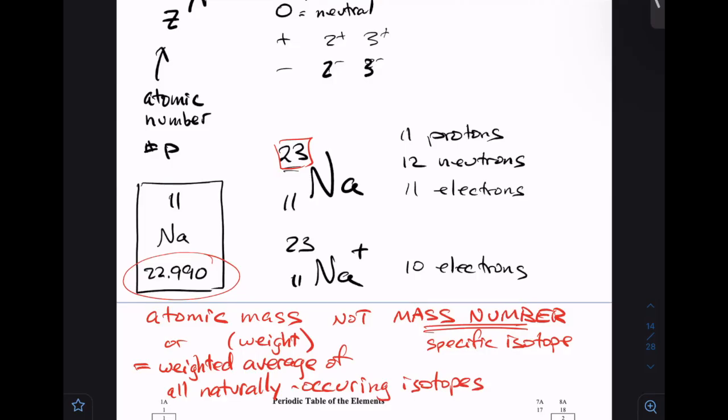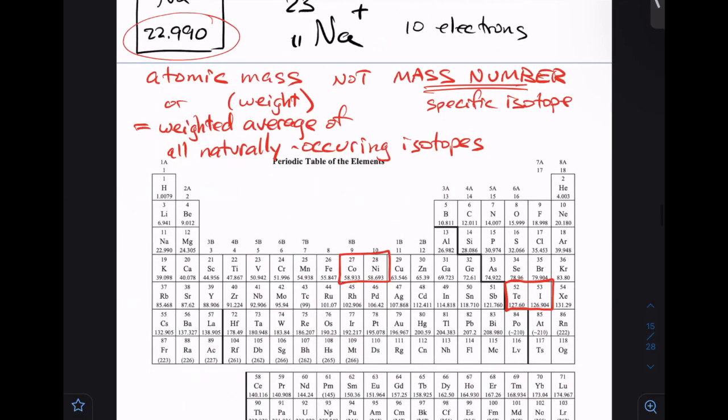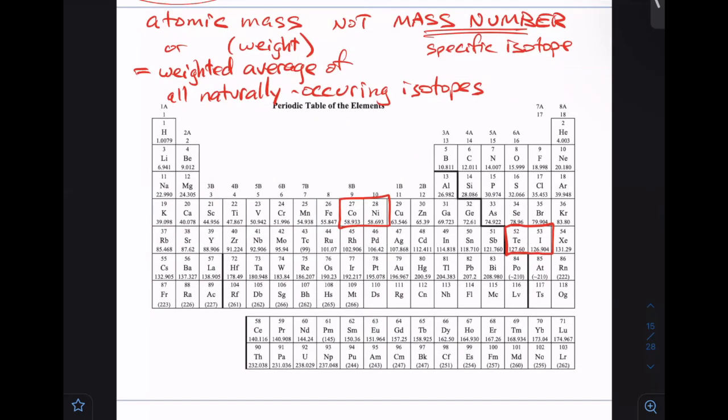All right, so this is the discussion we're going to have today. And I left you at the last lecture with a couple of mysteries from Mendeleev's time when he put things out of order because they didn't know about the difference between the atomic mass and the mass number, because they didn't know what protons and neutrons and electrons were at that time. So all they could measure was the atomic mass.